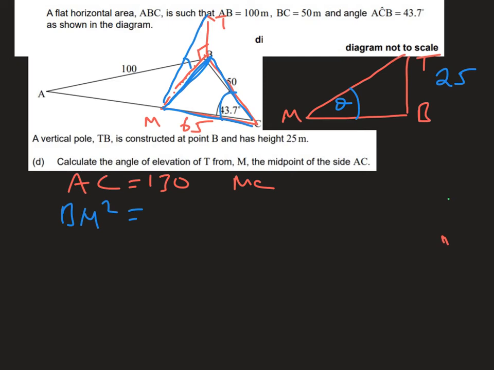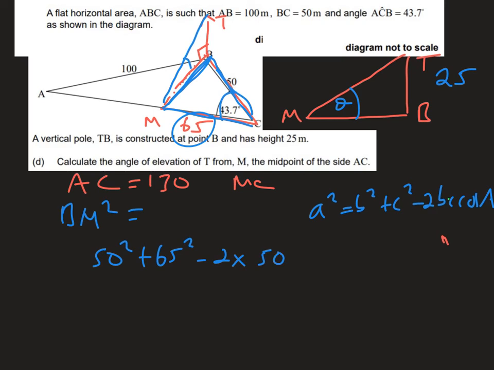Remember the cosine rule: a squared equals b squared plus c squared minus 2bc cos A. So if we do BM squared, we've got 50 squared plus the other side which sandwiches the angle, which is 65 squared, minus 2 times 50 times 65, multiplied by cos of the angle in between them, which is 43.7.